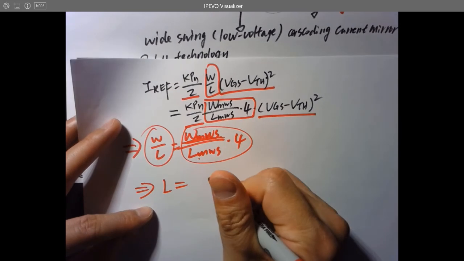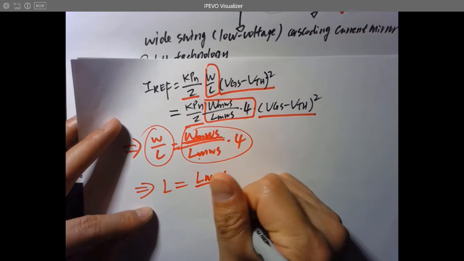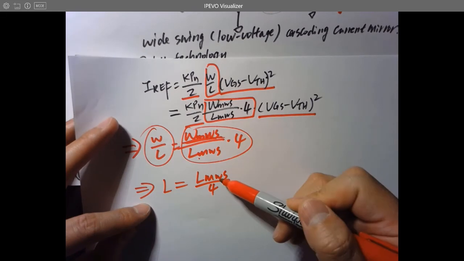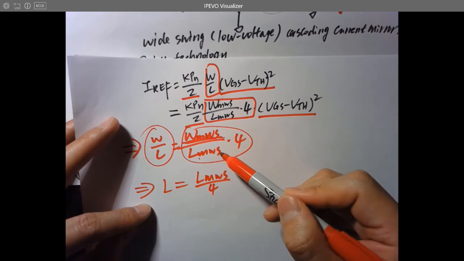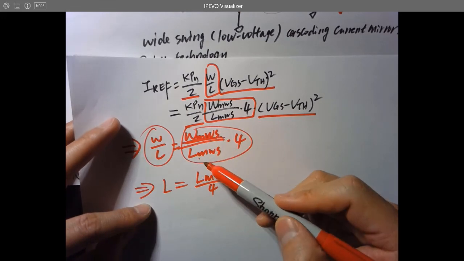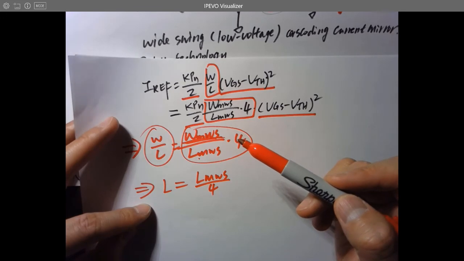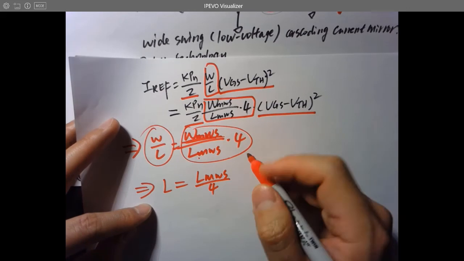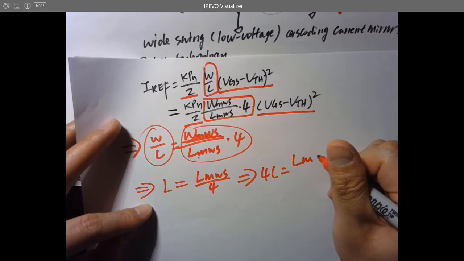L equals LMWS over 4. So the length of this transistor is four times larger than L. So 4L equals L of the wide swing transistor.